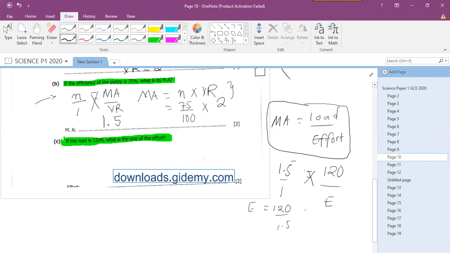Let me see if I'll get the same answer. 120 divided by 1.5. Oh yes, this is the actual equation that we're supposed to use.